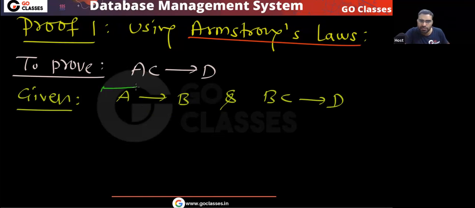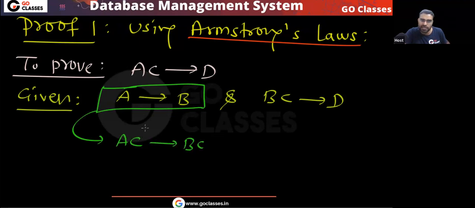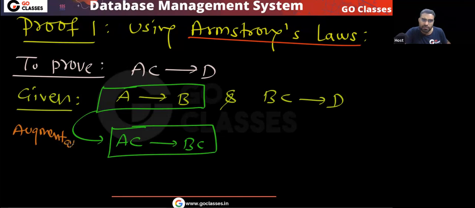So tell me, how can you use Armstrong law? Can I use augmentation and say AC determines BC? What is this law called? This is your augmentation law, agree? So you can apply the augmentation law.